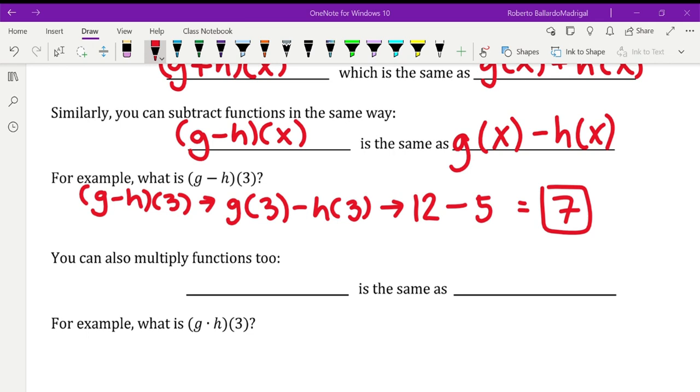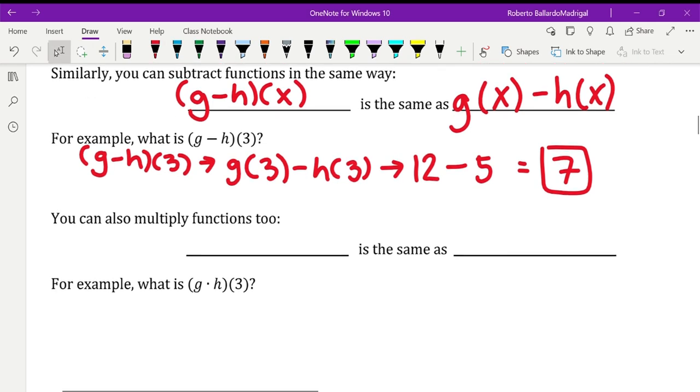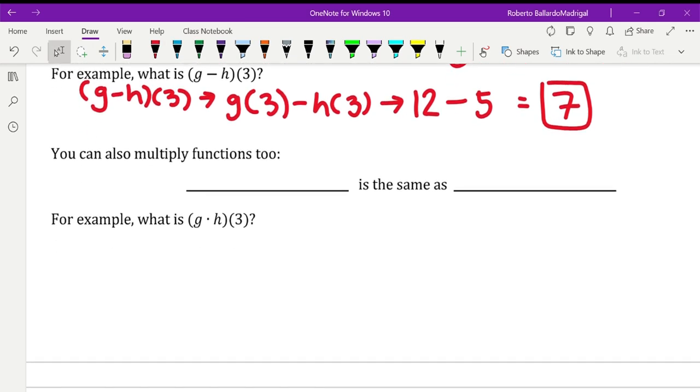Okay. So we know what adding and subtracting looks like. What do we think multiplying will look like? How am I going to write multiplication? Let me hear from one of you guys. How are we going to write multiplication? What am I going to change? What am I going to put in here if it's multiplying? The multiplication sign, which is a dot.